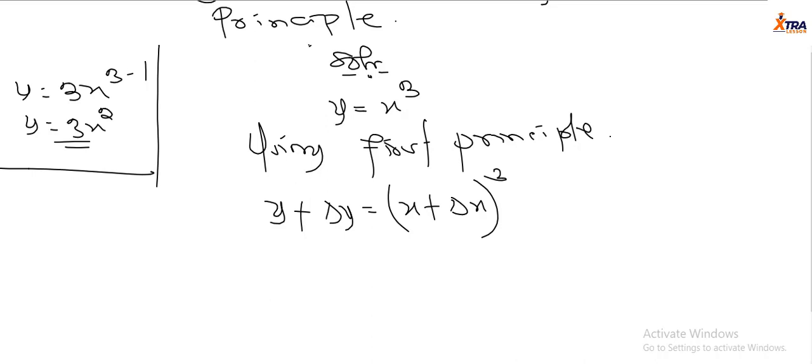Now the next thing is just for us to expand x plus delta x in brackets all raised to the power 3. Unlike the one with powers of 2, where we duplicate it and expand, here if you are to duplicate and expand, it's going to take a longer time.